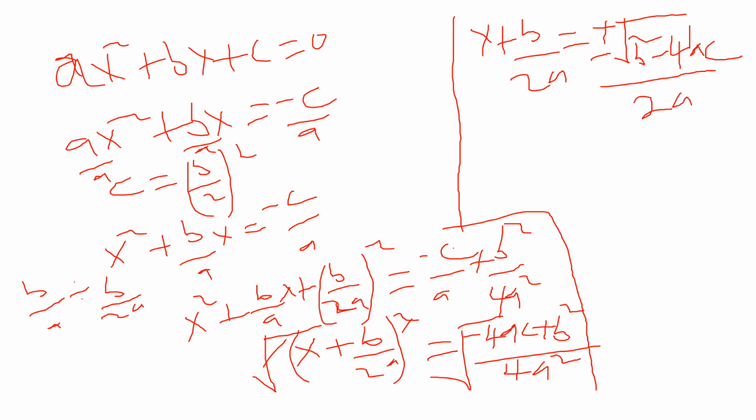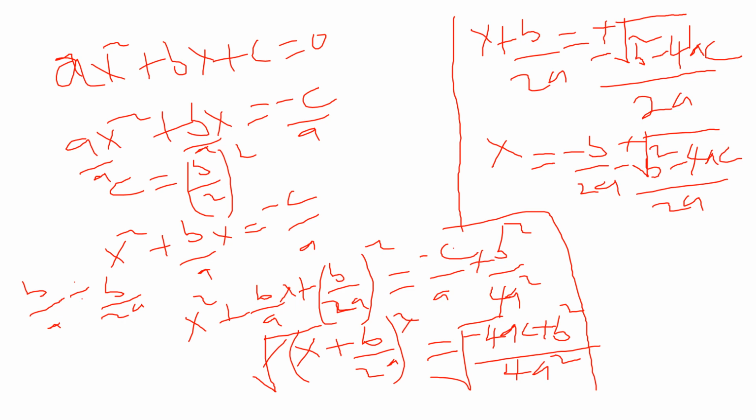And since I'm interested in getting the value of x, I can take b all over 2a to the other side. So I'll have x is equal to minus b all over 2a plus or minus the square root of b squared minus 4ac divided by 2a.